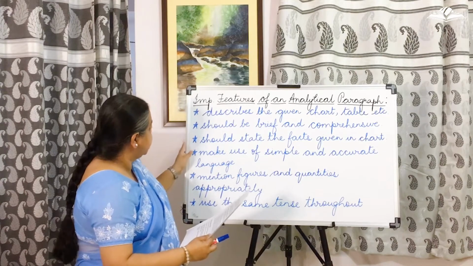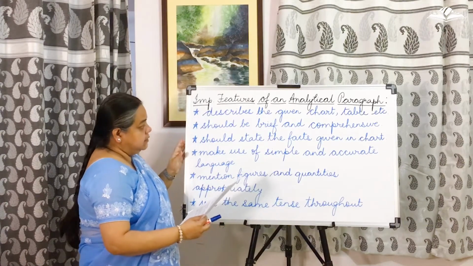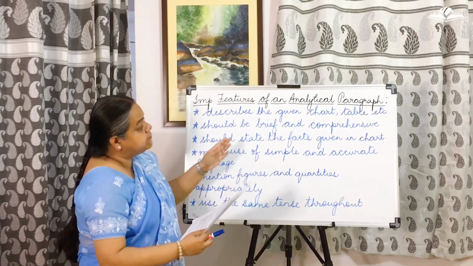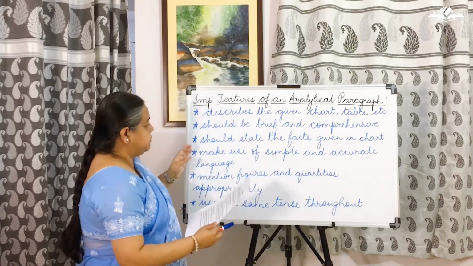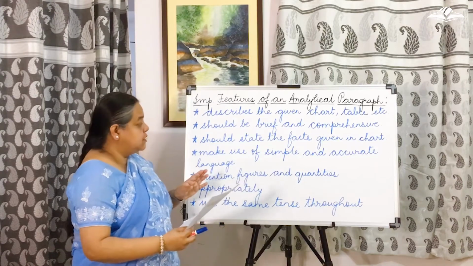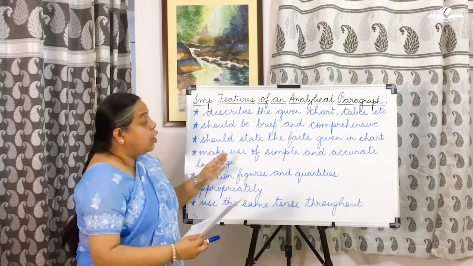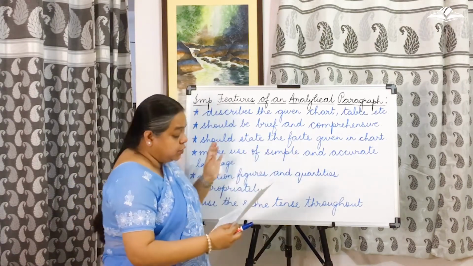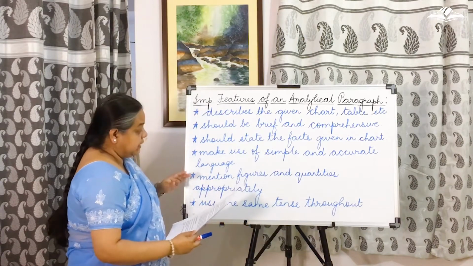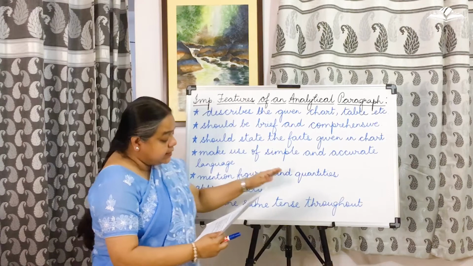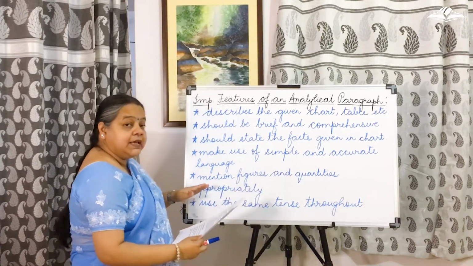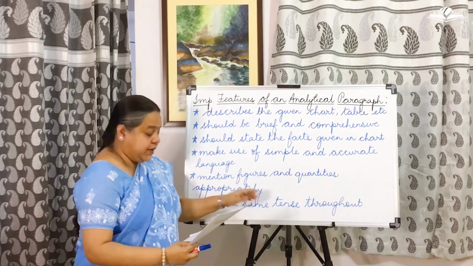Then you should state the facts that are given in the chart as per the question. Always remember, children, that you need to make use of simple and accurate language. Next, it should mention the figures and the quantities appropriately as per the given question.